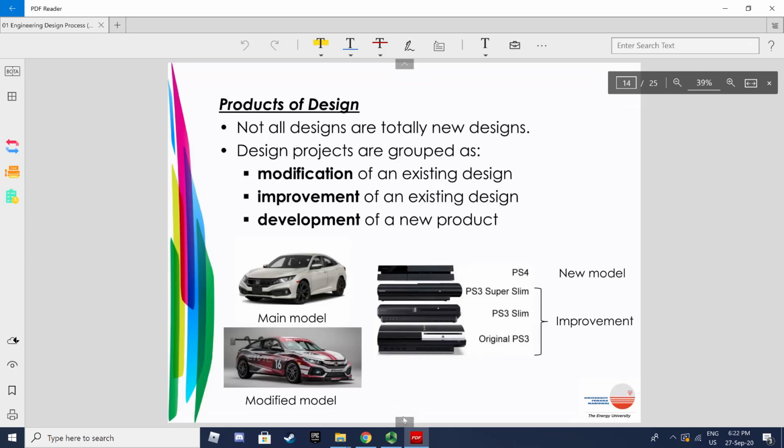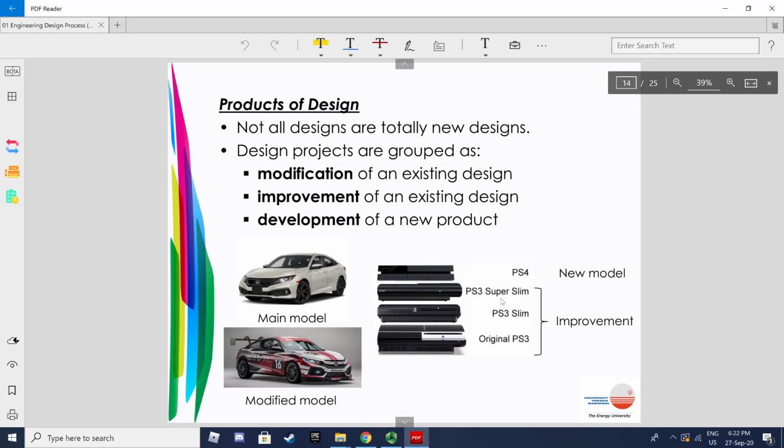And this is product design. Not all designs are totally new designs. Sometimes design projects are grouped as modifications. Let's say this is the main model of a Honda car, a Honda Civic, and then you do some modification. It's called a modified model. Let's say in terms of the PlayStation console, you start with the original PS3, then an improvement of PS3, and then the PS3 Super Slim.